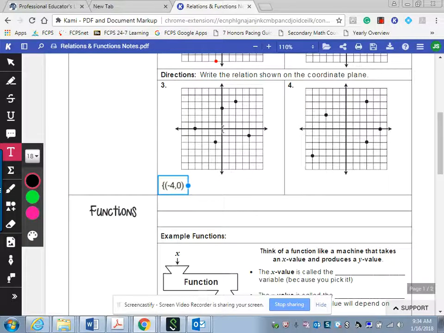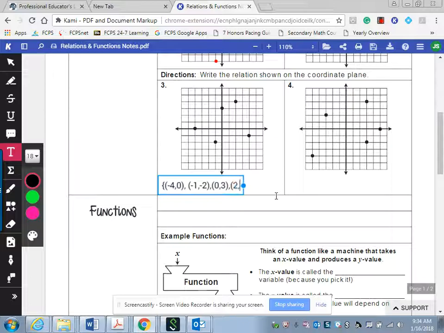Then we can go to this one. This is -1. Then we go down 2, so that's -2. So we have (-1, -2). And then we have this one, so that's 0, and we have 1, 2, 3, so (0, 3). And then we have this one, so that's 1, 2, 1, 2, 3, 4.